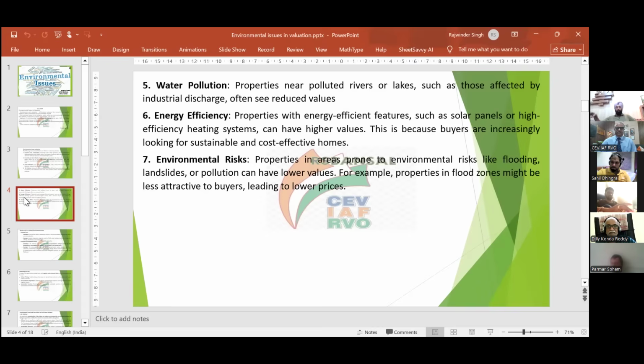And the properties which are subjected to environmental risks like flooding, landslides, or pollution can have lower value. For example, properties in flood zones might be less attractive to buyers, leading to lower prices.